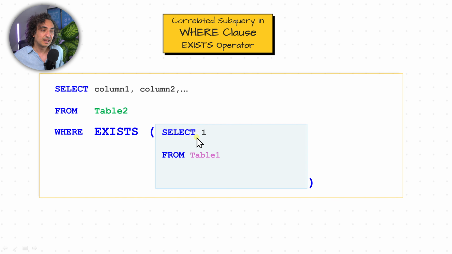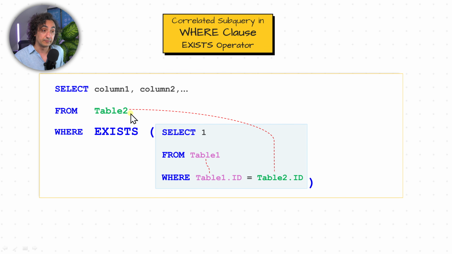So now we are not done yet. This subquery is not yet connected to the main query. We have to somehow connect them together, and we can do that using the WHERE clause, where we connect the ID from table 1 in the subquery with the ID from the outer query, the main query. With that we are building a relationship between the subquery and the main query.